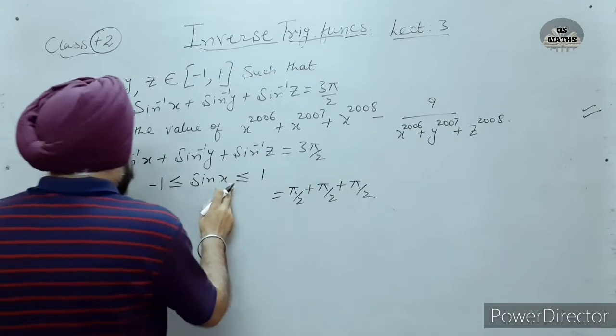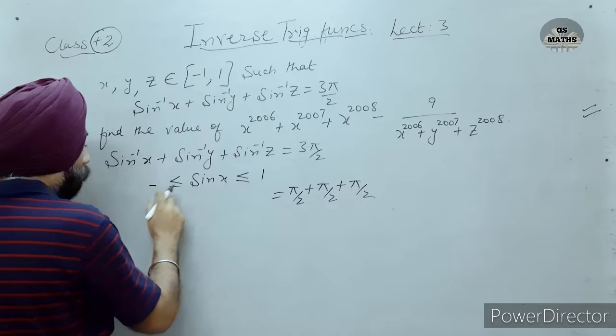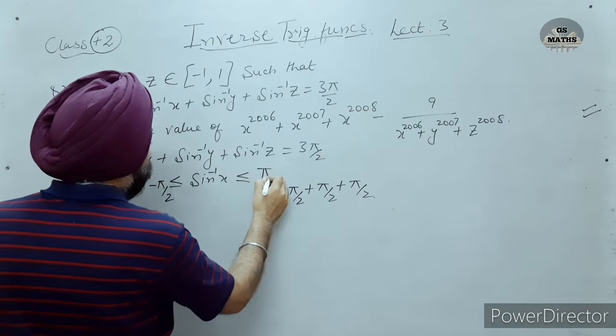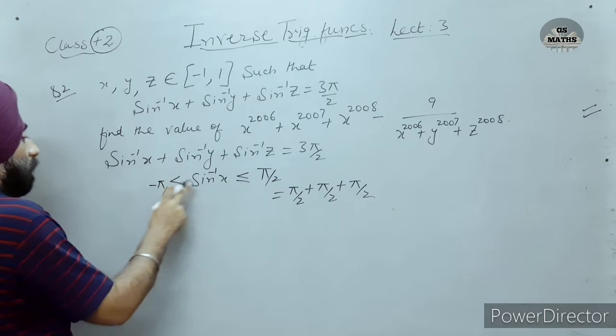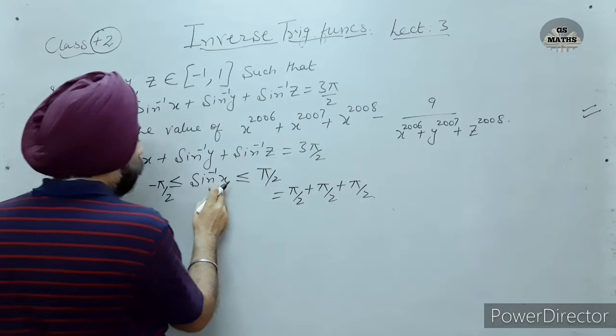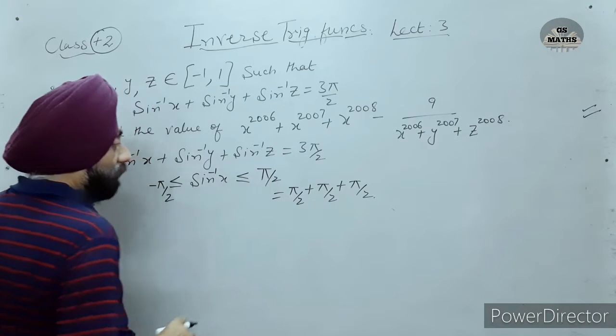Since it's an inverse function, we can write it as minus pi by 2 to positive pi by 2. The minimum value of sine inverse x is minus pi by 2 and the maximum value of sine inverse x is positive pi by 2.